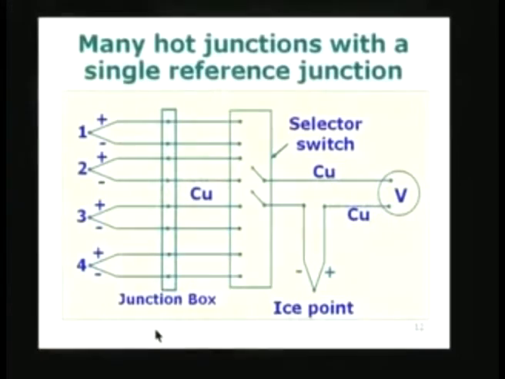So, to cut short the discussion, or to summarize what we have done till now, we started with thermoelectric phenomena. We discussed the Kelvin relationship, and then we talked about the relationship between the temperature and the output of a thermocouple circuit.